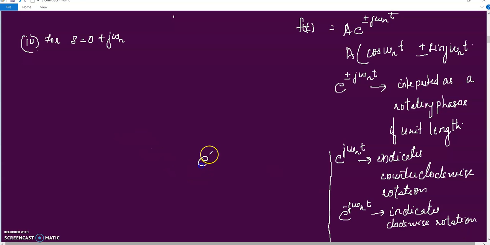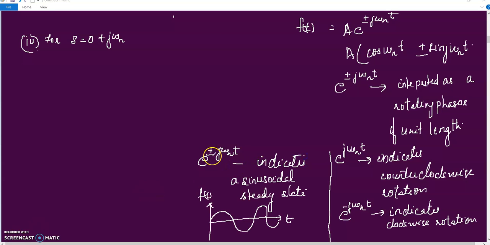So, e raised to plus or minus j omega n t indicates a sinusoidal steady state. Thereby, this pole indicates a sinusoidal steady state.